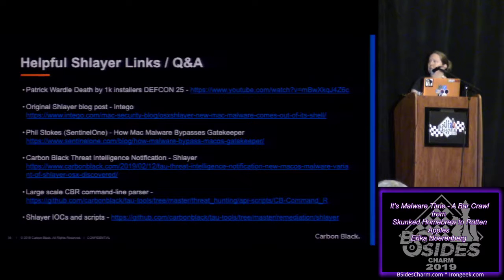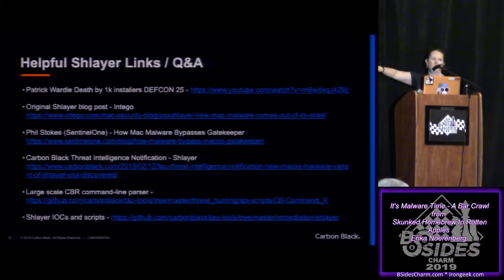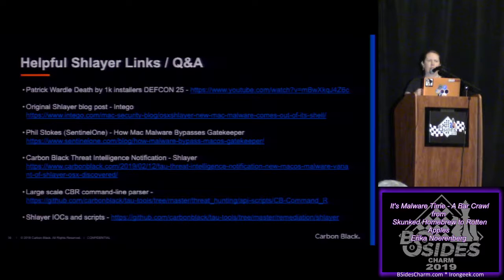We have our threat intelligence notification. It's just a very short overview of what the malware is. If you're actually a Carbon Black user and want more information specific to the product, on our user exchange there's more information than on the public blog post. And then Greg wrote a CBR command line parser for this. We've got our TAU tools GitHub page on our Carbon Black GitHub.